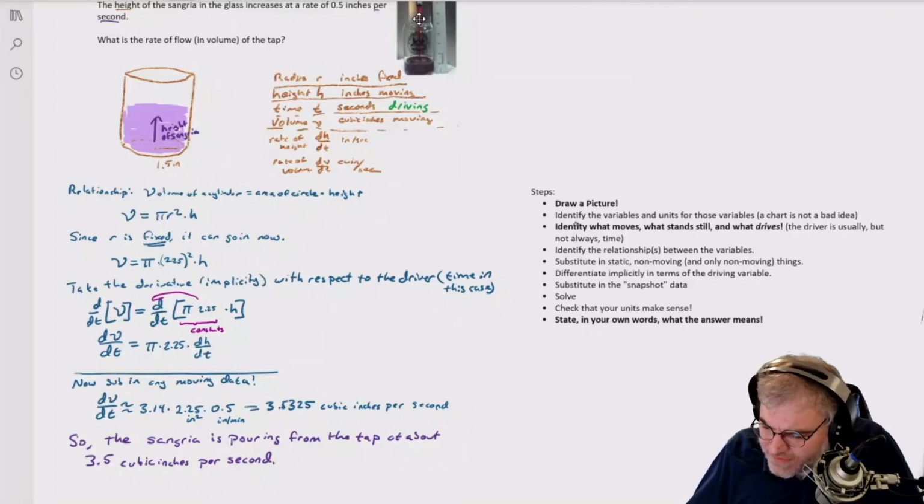Second thing I did was I looked at these variables and I figured out what's moving and what's not. And, you know, for a simple problem like this, I may not have done everything, but the important thing here is that R is fixed and H is moving and V is moving and T is driving. Right? These are the things that change. And I gave myself the units here because the units are a good hint, and that's a good thing to say.